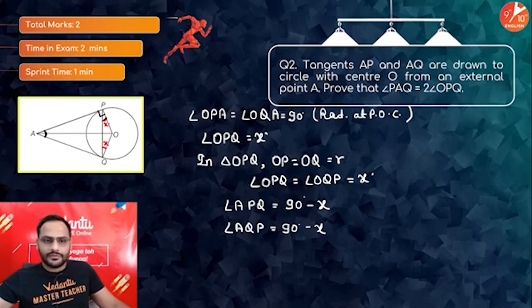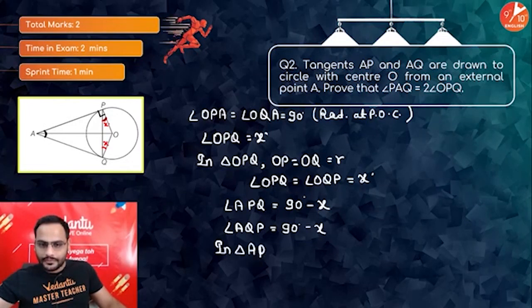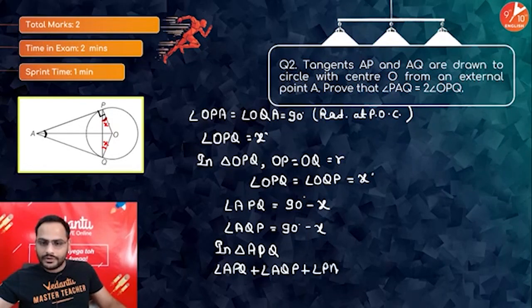So let's find the value of angle PAQ by using angle sum property in triangle APQ. So in triangle APQ, I can say, look, angle APQ plus angle AQP plus angle PAQ, their sum should be equal to 180 degree. Angle APQ is 90 minus X. Angle AQP is also 90 minus X.